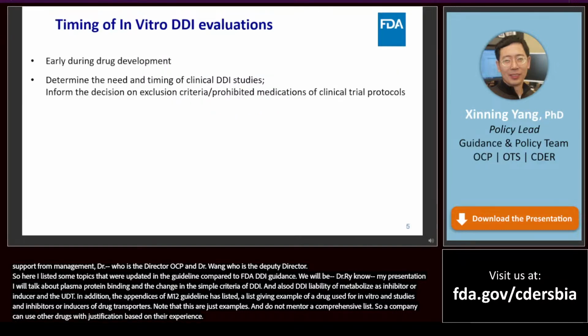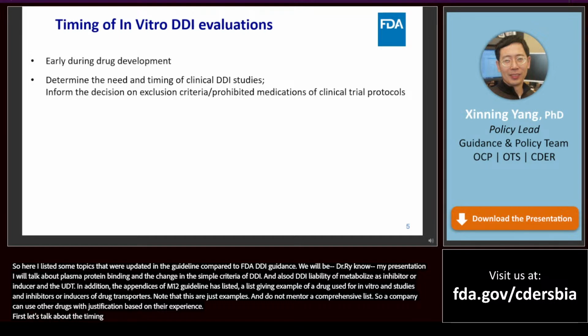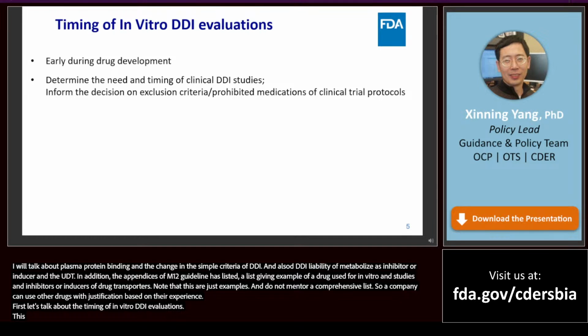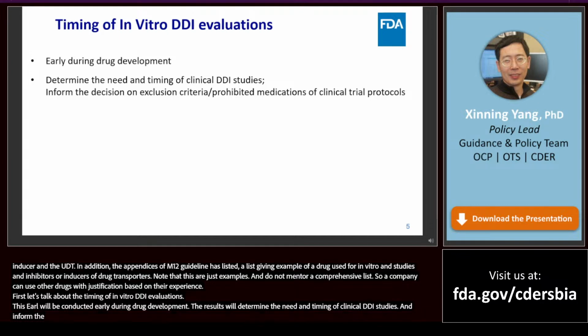First, let's talk about the timing of in vitro DDI evaluations. This is usually expected to be conducted early during drug development. The results will determine the need and the timing of clinical DDI studies, and inform the decision on exclusion criteria or prohibited medication of clinical trial protocols.